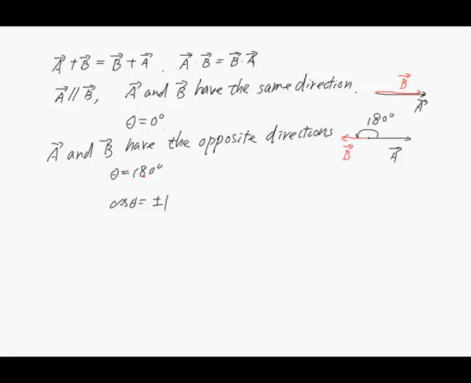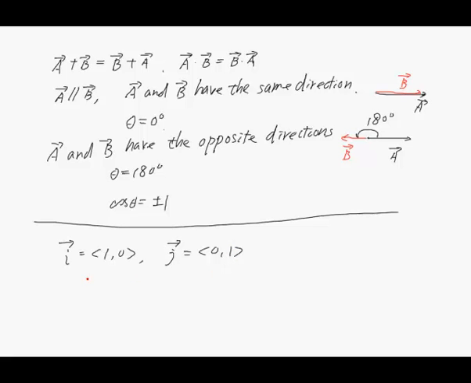Last time, we also learned the unit vectors, right? The two unit vectors. One is i. We have i equal to 1, 0. This is the vector on the x-axis with length 1. And then we have the unit vector j. This is 0, 1.